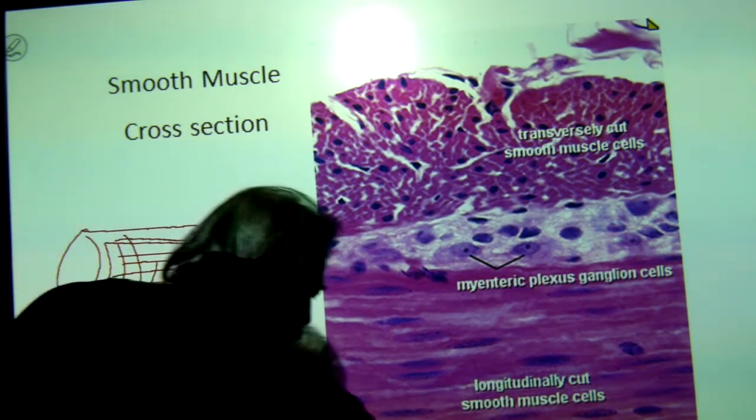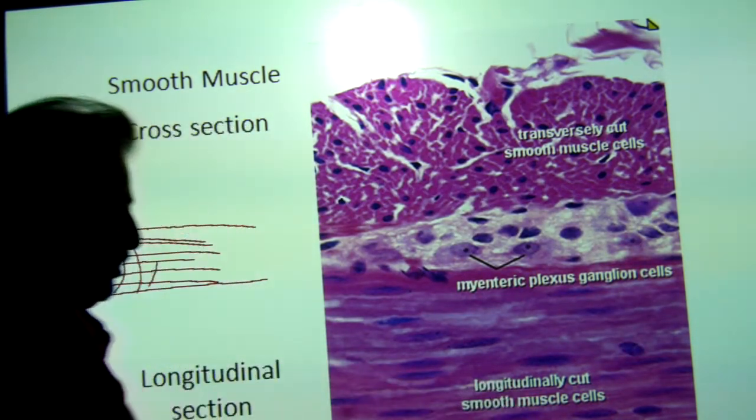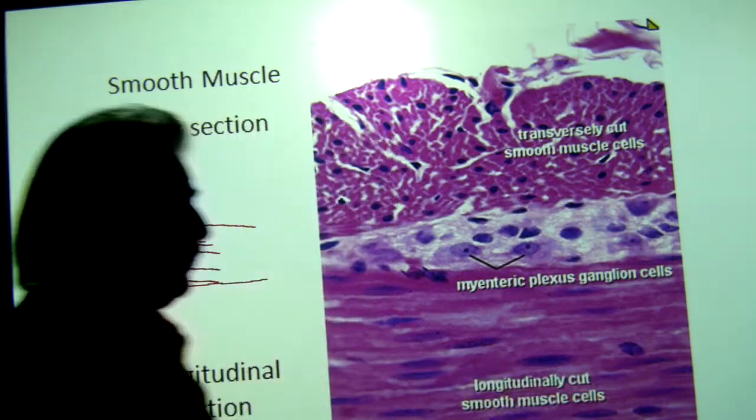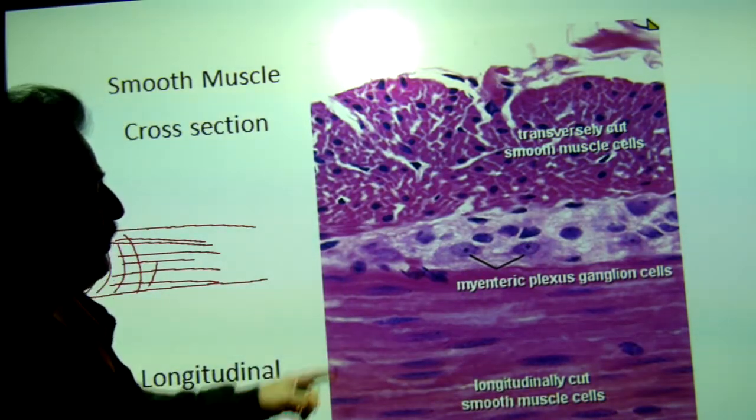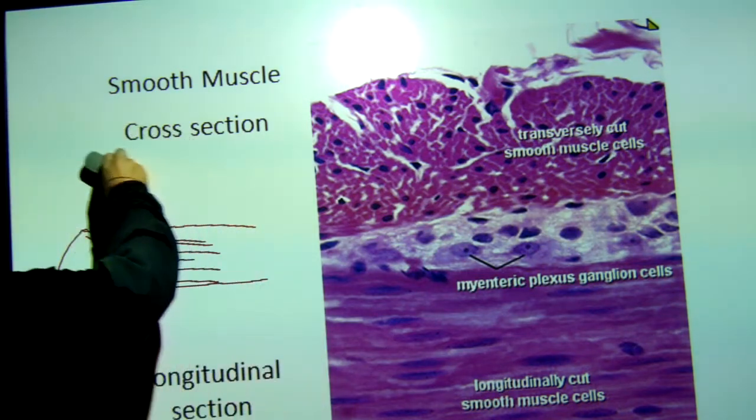Depending on which direction the muscle is going, we call it longitudinal because it's going the length, and then you have what we call transverse or circular smooth muscle.